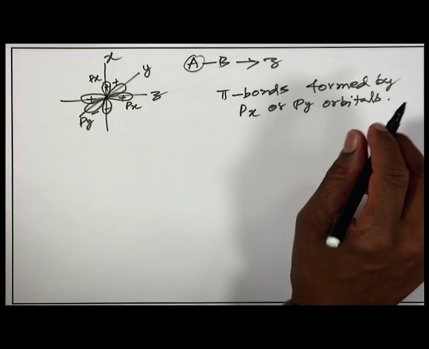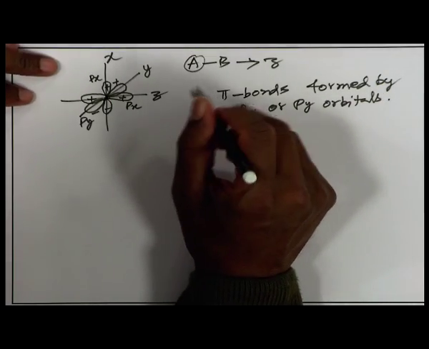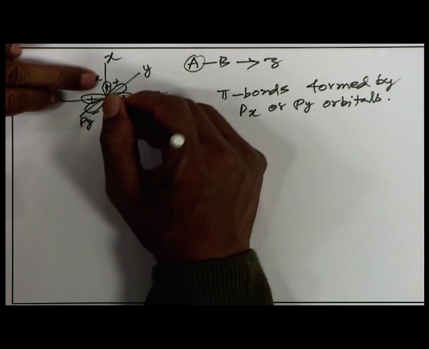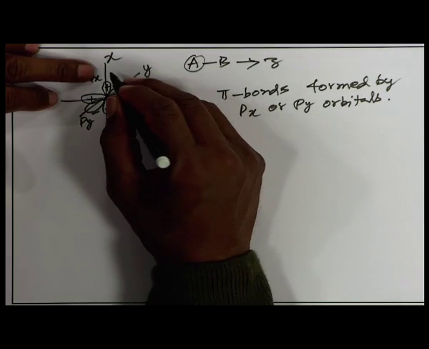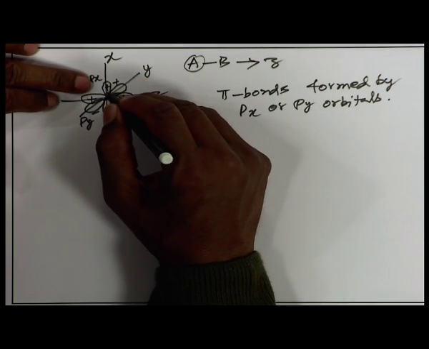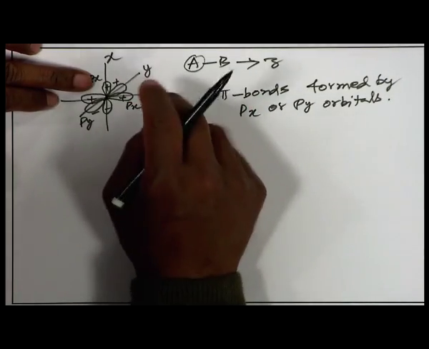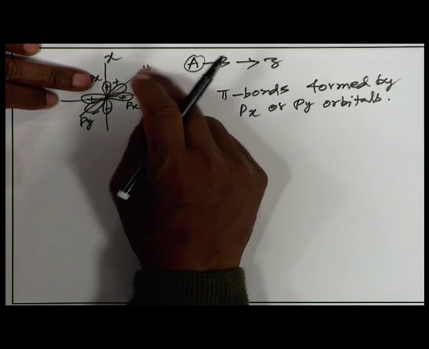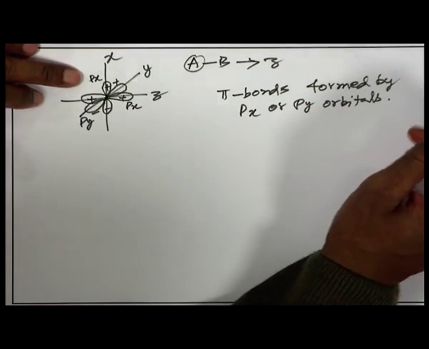In some cases both are used. But if we fix the axis of the AB molecule as the y axis, then atom A should use the orbital lying along this axis to form a sigma bond, and the other two orbitals lying along the other axes can be used for forming pi bonds.